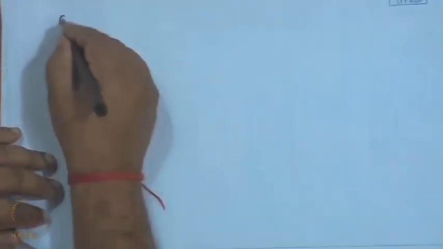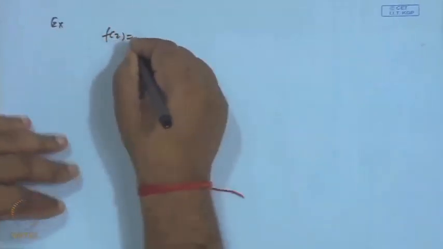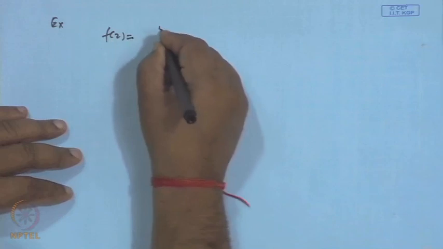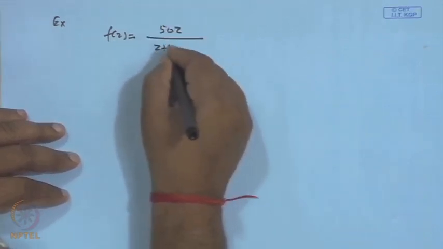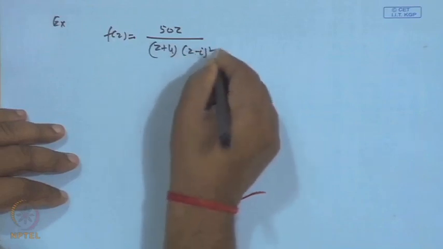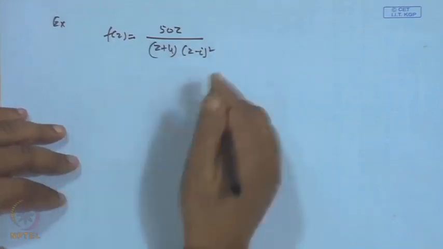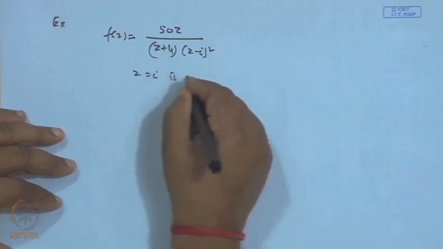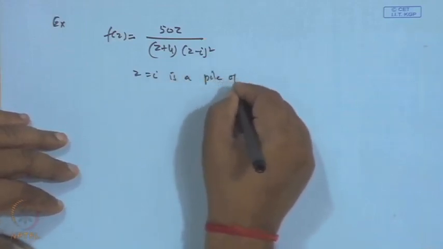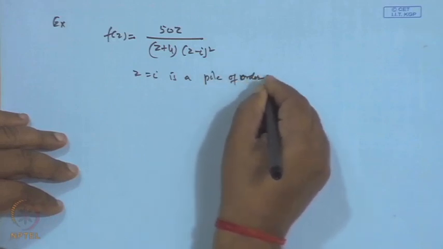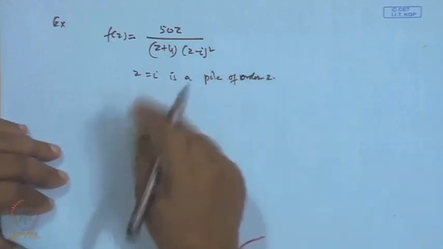Let me take one example. Say, for example, we take the function f(z) equal to 50z over (z plus 4)(z minus i) whole square. Obviously z equal to i is a pole of order 2, a second order pole.